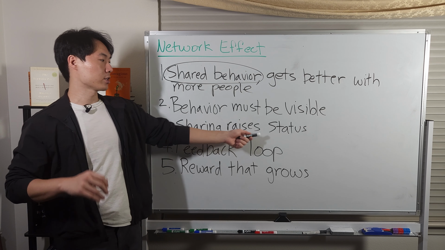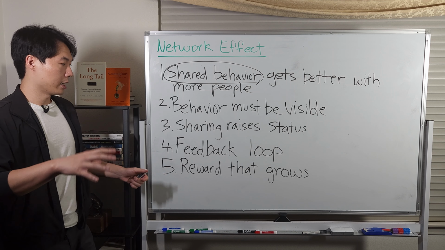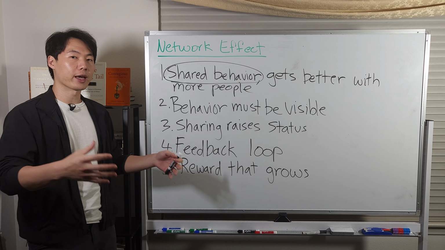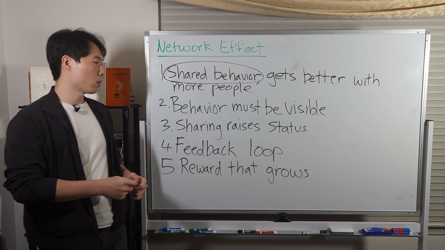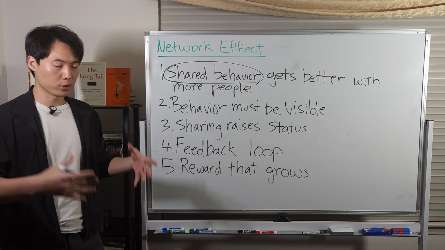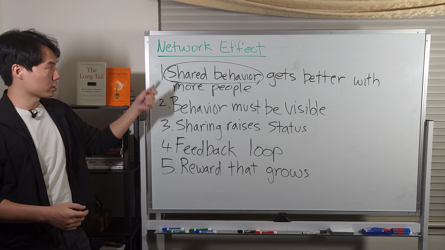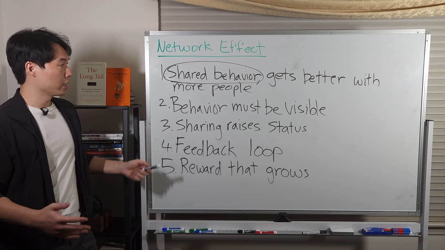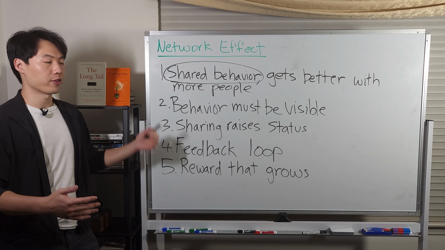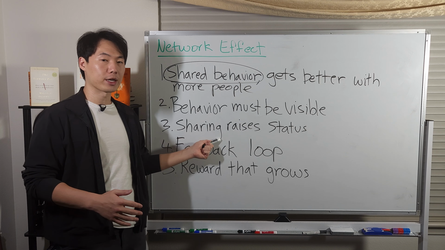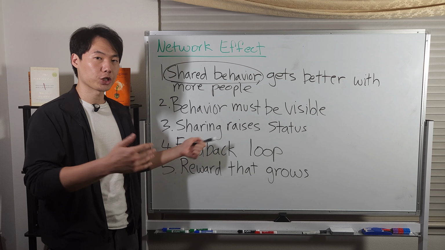Sharing raises status. So the people within it, by sharing that group, gain status. We don't want things where sharing actually loses status or is something to be ashamed of. For example, taboo topics never benefit from the network effect, because just sharing means shame.